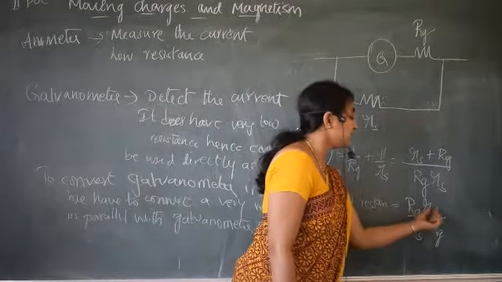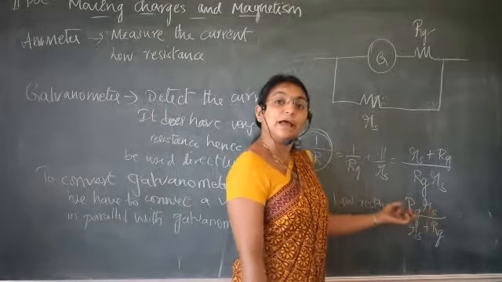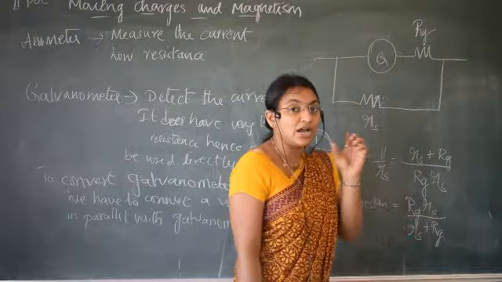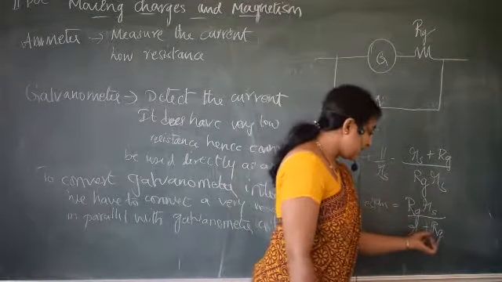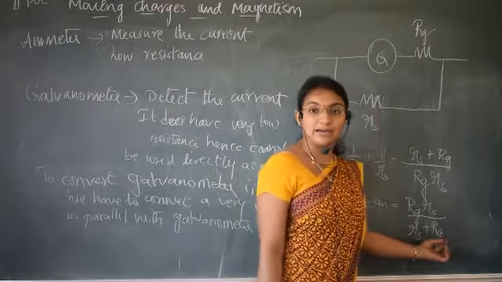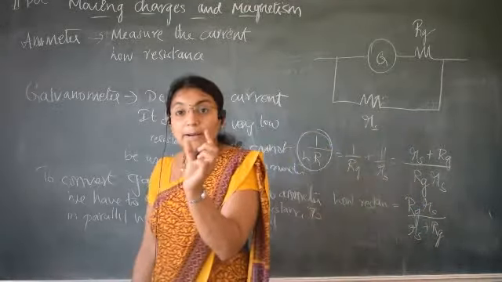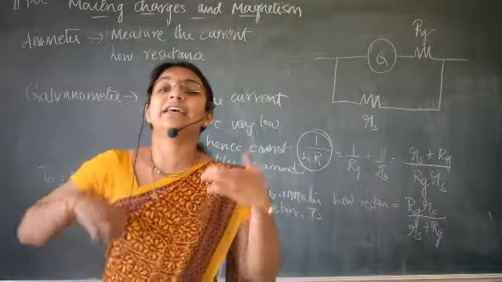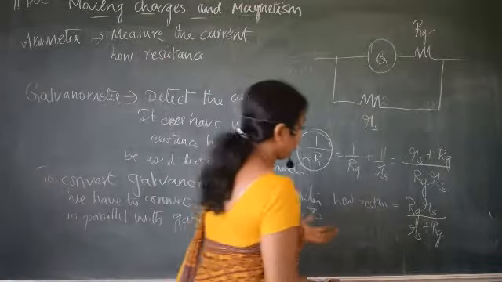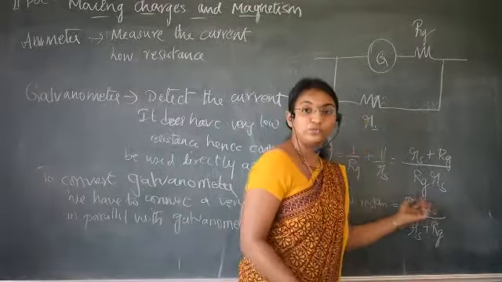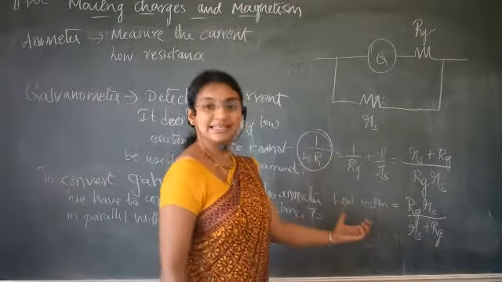So a small value of resistance multiplied with a bigger value of resistance gives a smaller value. A small value plus a bigger value will be a bigger number itself. But when you divide a smaller number by a bigger number, you get a smaller number. Therefore, the total answer is a small resistance.